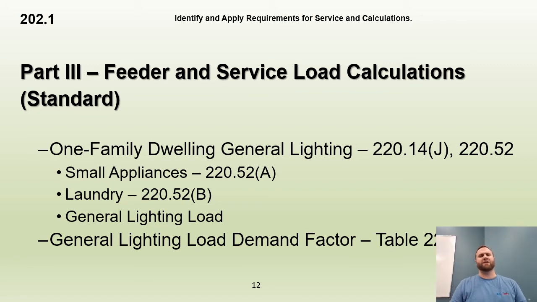Remember, demand factor is that ratio. We're shaving off some of the total connected load to better represent what we expect to be using. And we find our permissions or the allowance in table 220.42 for our general lighting load demand factor. If you turn to Article 220.42, you'll see that it spells out for us 3 different things.